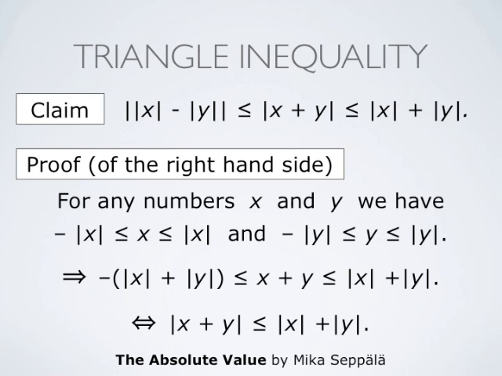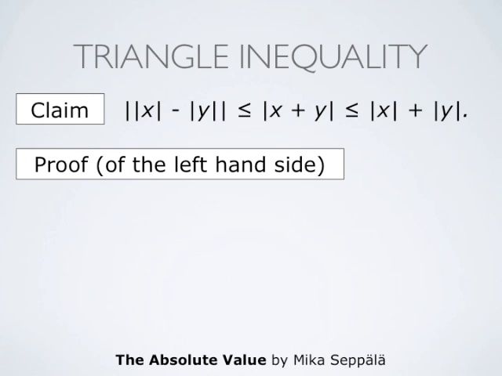So this follows simply by adding these two inequalities that concern the absolute value of x and the absolute value of y. And this also proves the right-hand side of this triangle inequality.